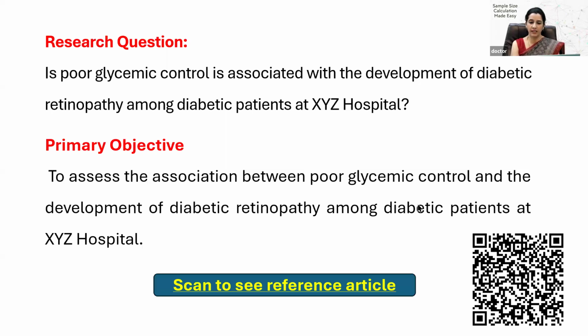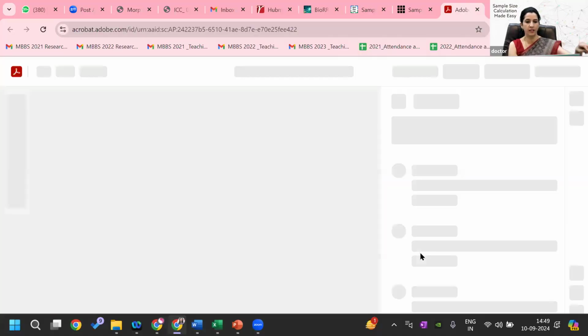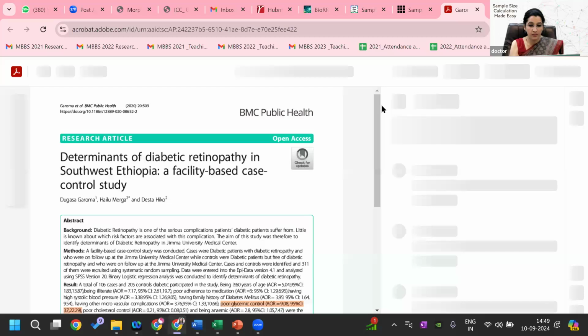If you scan it, I'll click this one so that I can see what the input is, because you should know how to extract input from an article. So this is my reference article.